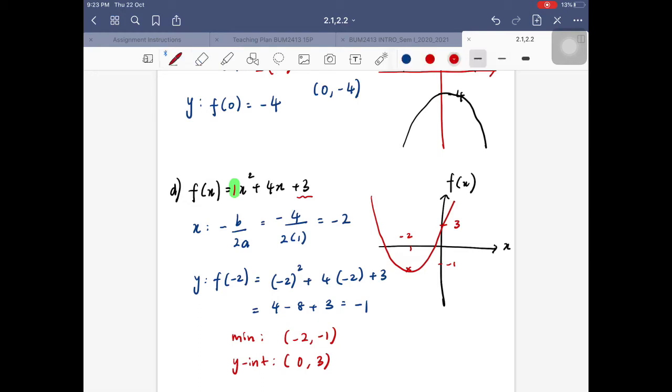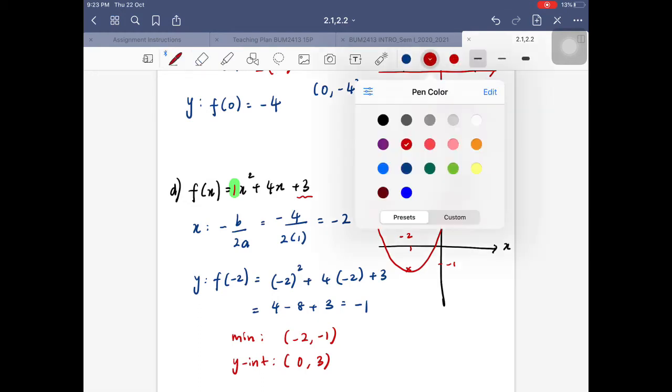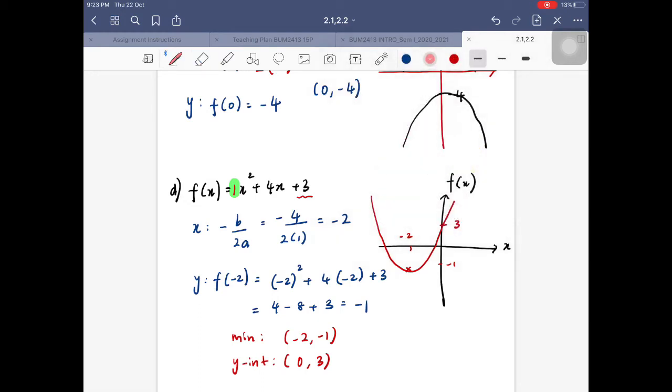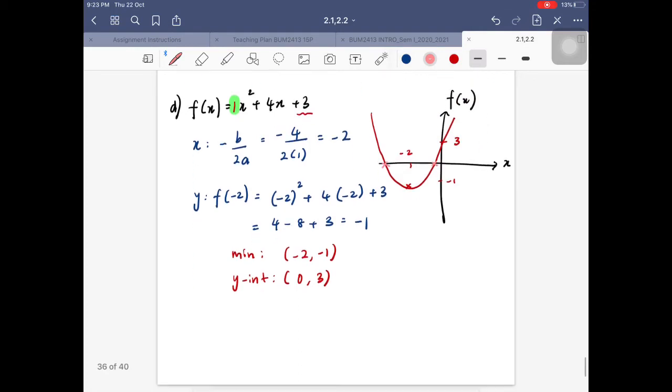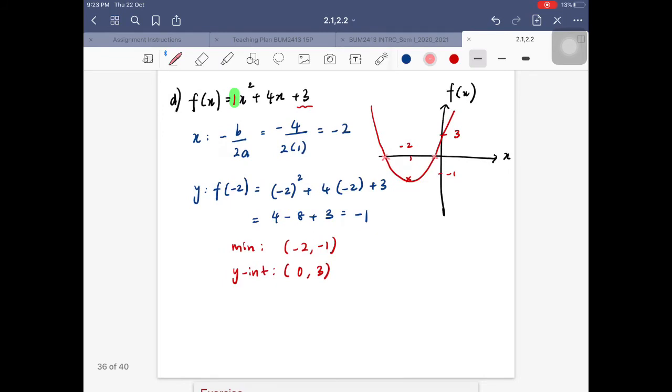So does it have x-intercept? Yes, for this case we do have x-intercept, because your graph is going to touch at these 2 points right there. So how do we find those 2 points? This point is right on the x-axis, so when y is equal to 0, what is going to be the value of x? So I'm going to set the whole thing equal to 0.